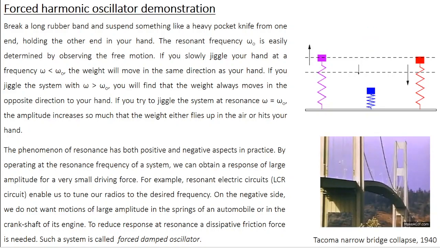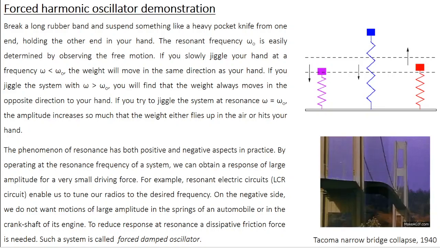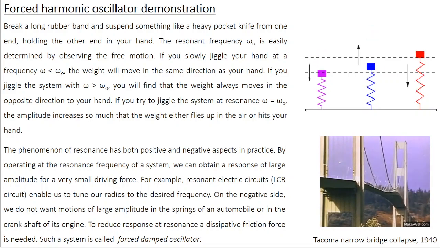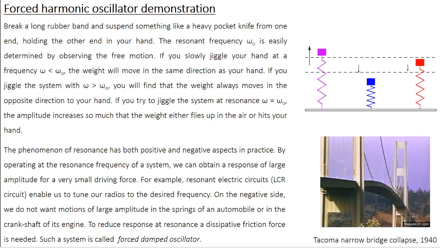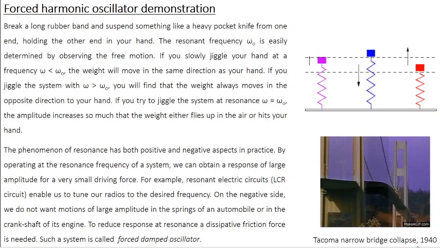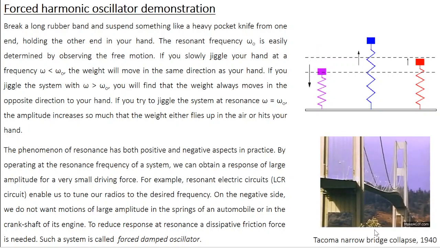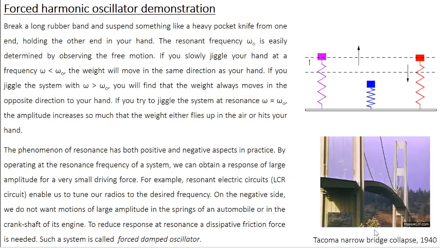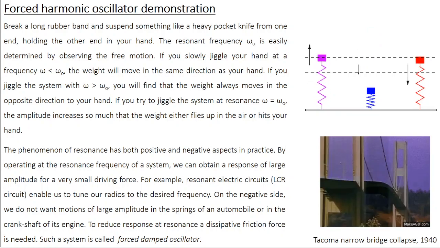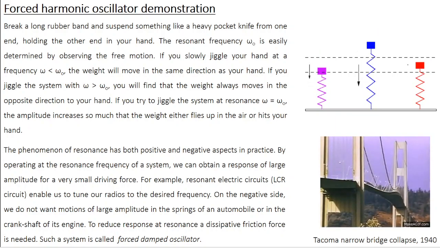That can cause damage to the bridge. This is exactly what happened in the Tacoma Narrows Bridge collapse in the United States. This is often described as a classical example of forced harmonic oscillation.